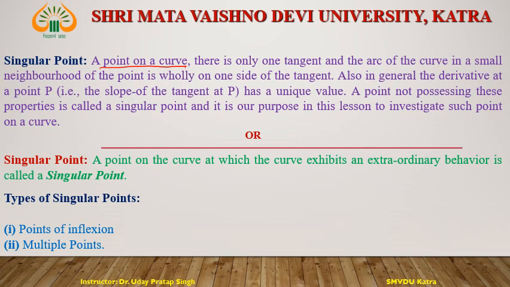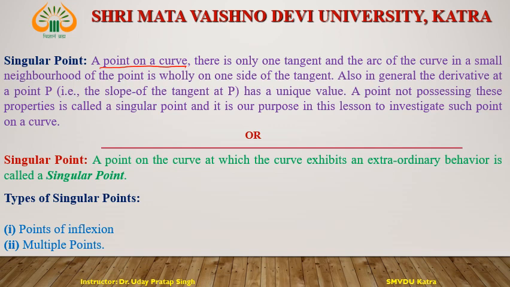In general, if that point is P, the derivative at that point has a unique value. If the derivative at that point P does not have a unique value, meaning it contains two or more values, then this point is a singular point.